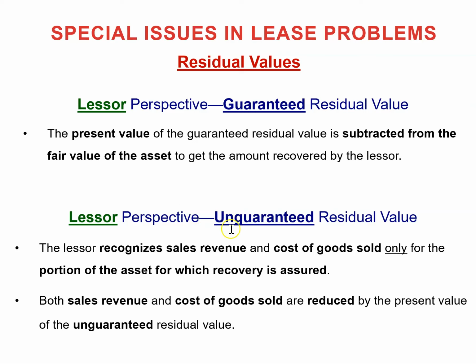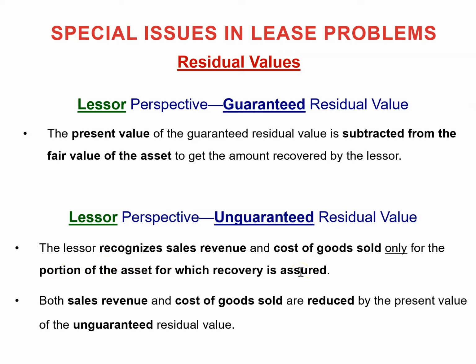Now, how about unguaranteed residual value? For unguaranteed residual value, the lessor does include it for the lease classification test. But if you remember, the lessee never includes any unguaranteed residual value, neither for the lease classification test nor for measuring the lease liabilities. Now, how about the measurement of lease receivables and when they record the sale of that asset for a finance lease?